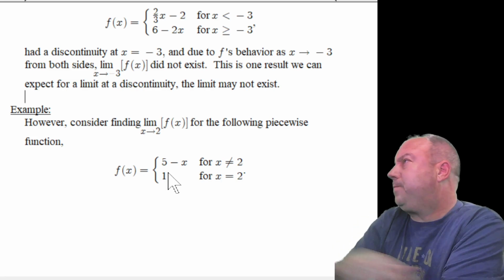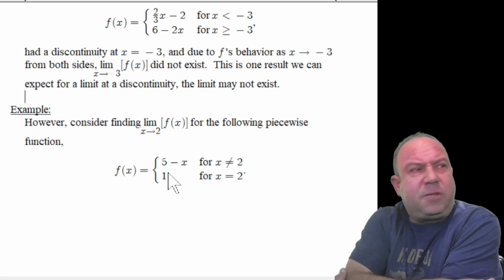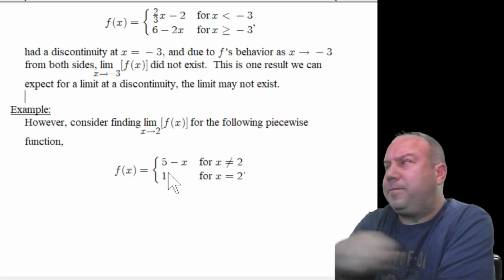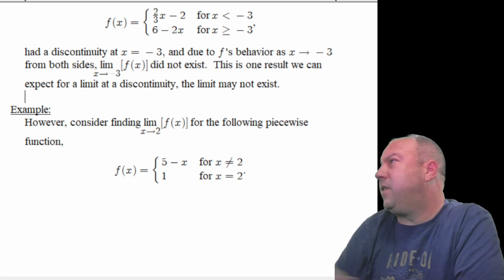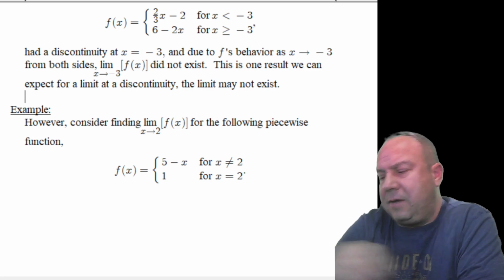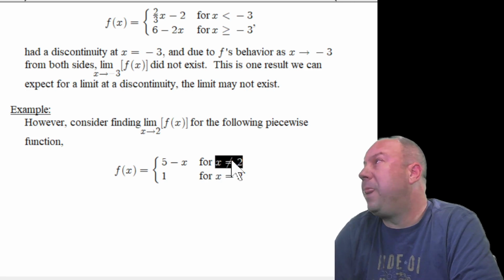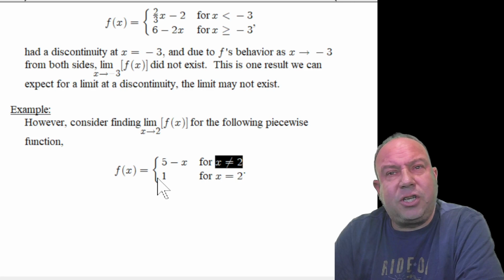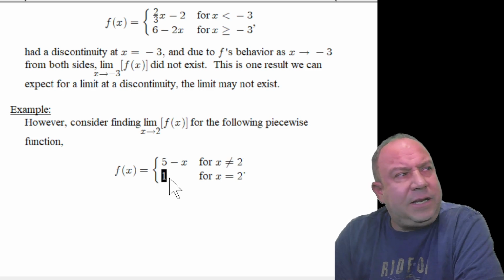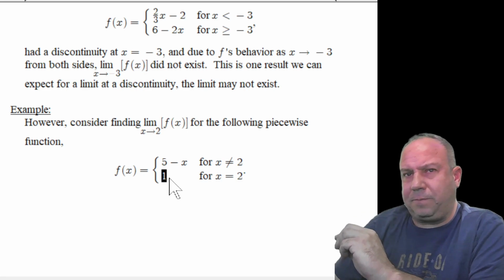Consider this limit: the limit as x approaches 2 for function f of x, for this piecewise function. All right, let me move that arrow so you can see that. The first piece in this function is linear, and that's linear whenever our x value is not equal to 2. And the second piece in this function is also linear, but it's uniquely in its linear behavior what we call a constant function.